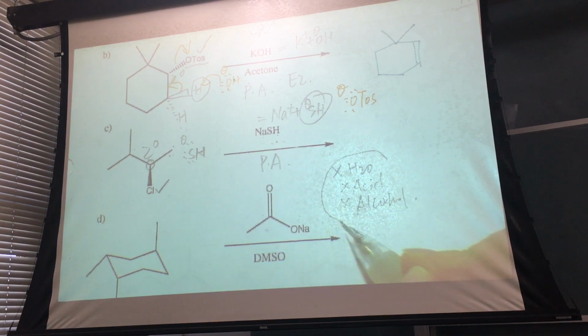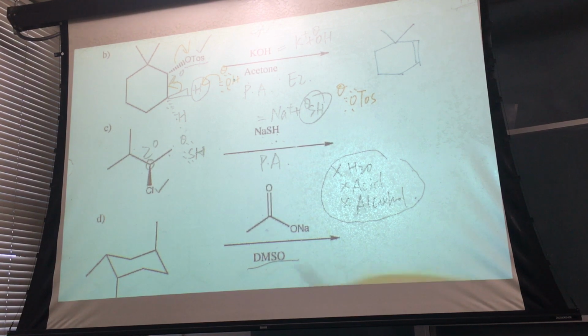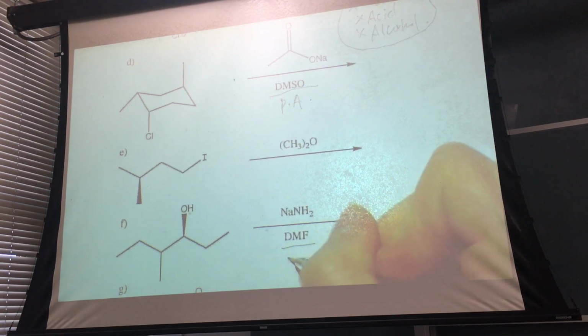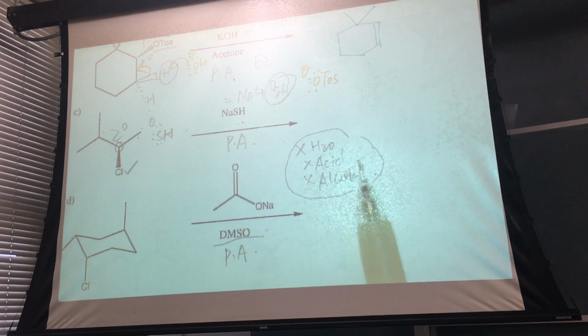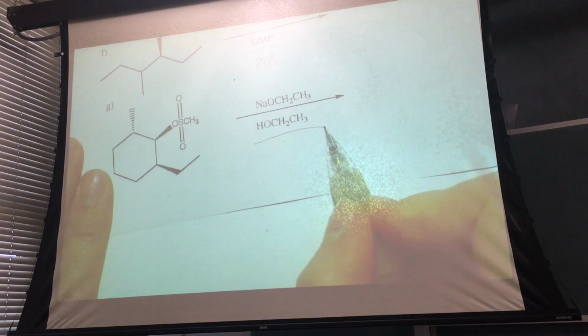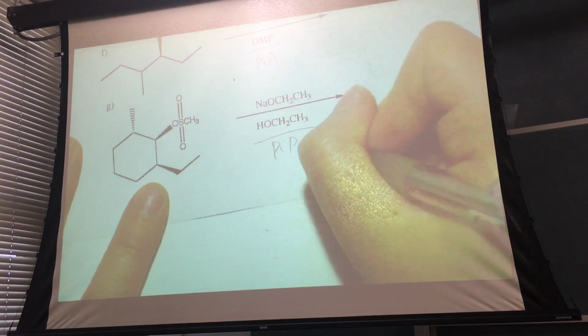So that's what you should think. Same thing for DMSO, which is also a polar aprotic. DMF is also a polar aprotic. So if it's not water, not acid, not alcohol, it's going to be polar aprotic. So this one is alcohol, and this is polar aprotic.